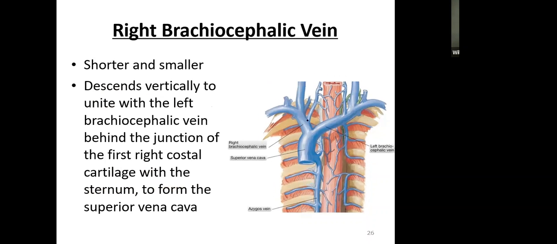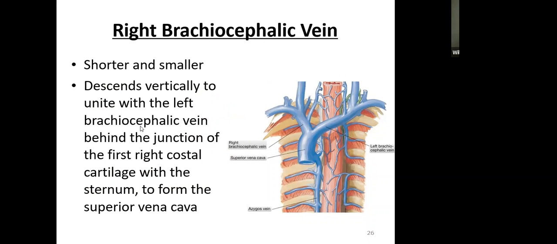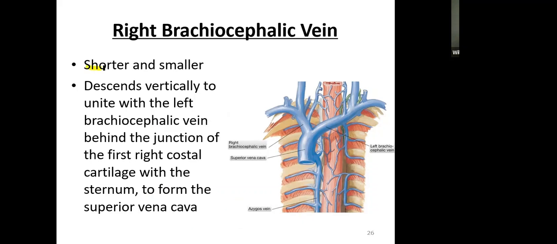So the right brachiocephalic, which is here, I'm going to go through the real specifics of this with you because it's so important. So the right brachiocephalic, I better get a better color, otherwise it won't be visible. There we go. Is shorter and smaller. So this is the right side. That's this one right here.